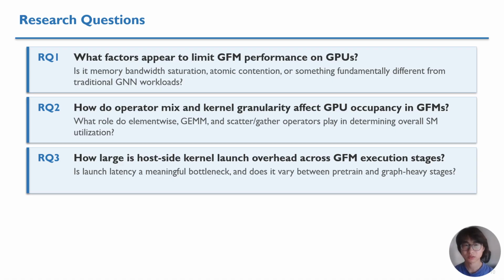What roles do element-wise operations, GEMMs, and scatter-gather play in determining SM utilization? The third research question is: how large is host-side kernel launch overhead across GFM execution stages? Is it a meaningful bottleneck, or does it vary between pre-train and graph-heavy stages?